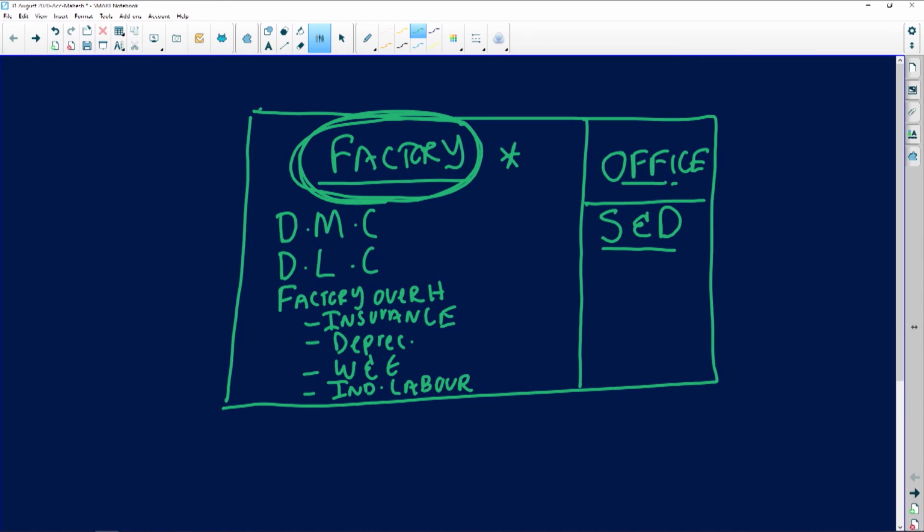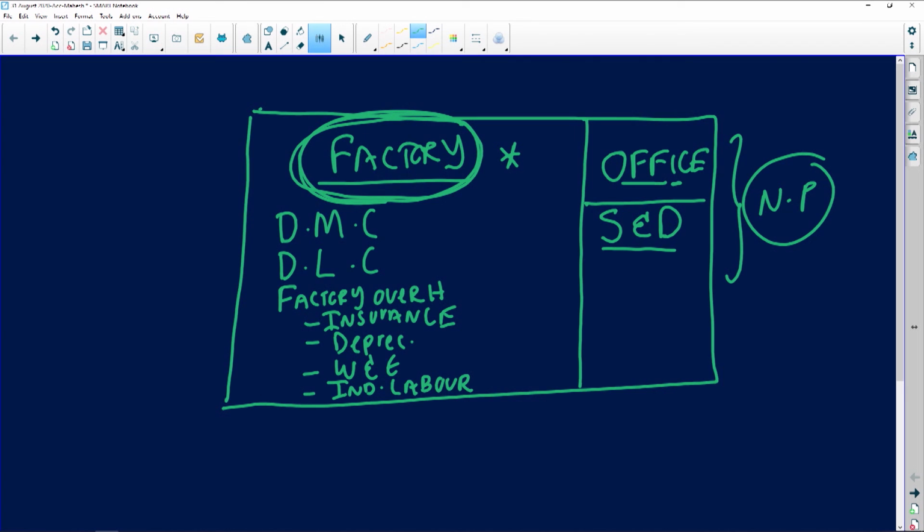We're still going to keep a record of this expense, and this will be used when we are calculating our net profit for the year. Okay, so remember guys, what happens in the factory? Cost of production. However, what happens in the office and selling and distribution will help us calculate our net profit.